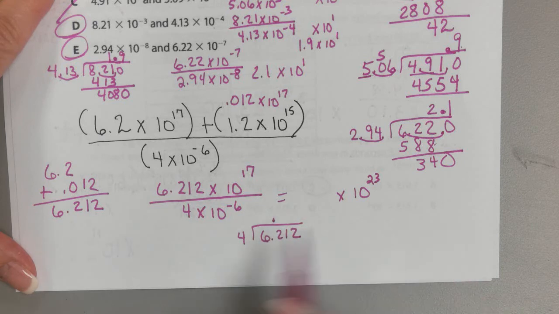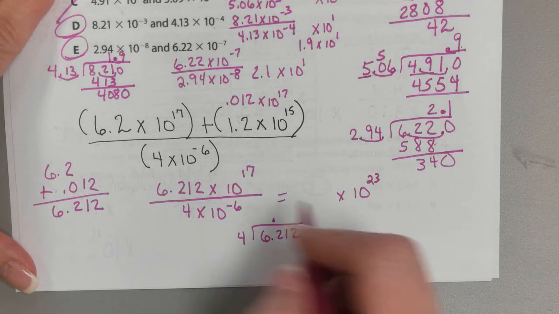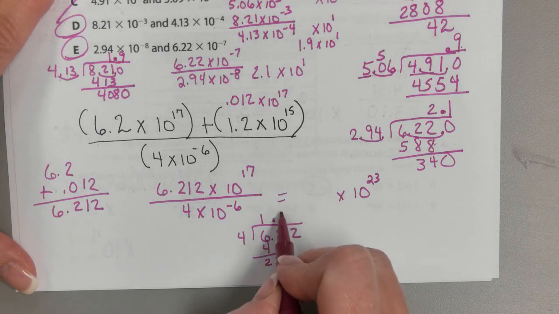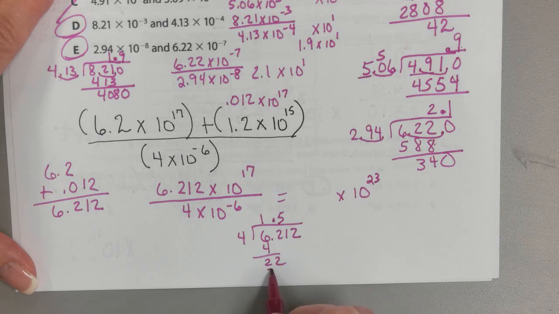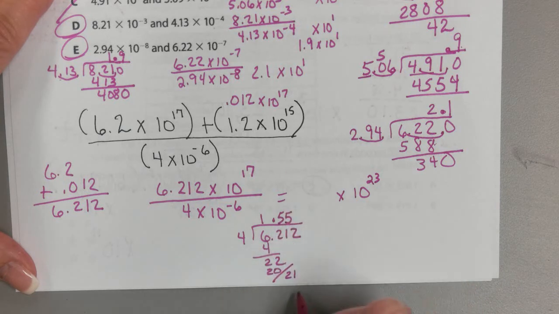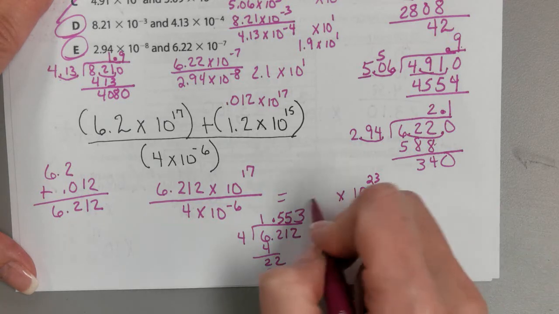So how many times does 4 go into 6? Once. All right, 4 into 22. 5. And 4 into 21. 5.